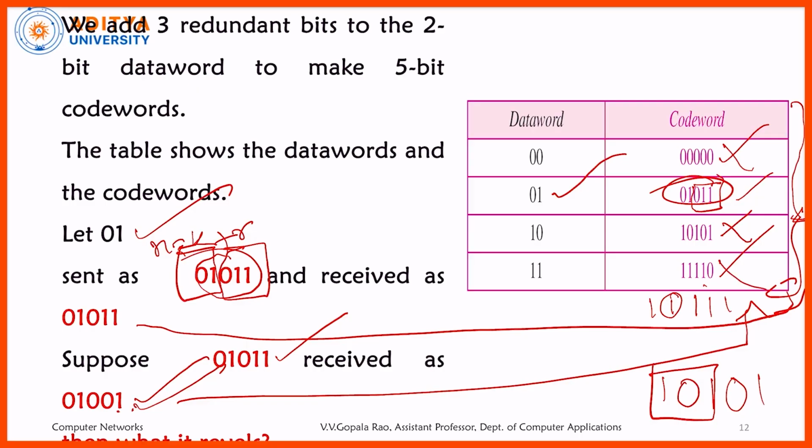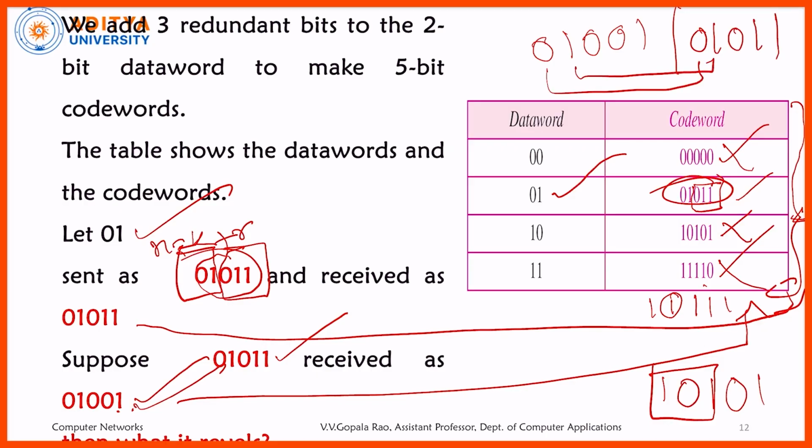So this code word is also not the case. Then what about the second one? Let us say you have 0 1 0 0 1 and the code word is 0 1 0 1 1. So 0 is not altered, 1 is not altered, 0 is not altered, this 0 is altered, and this 1 is not altered.